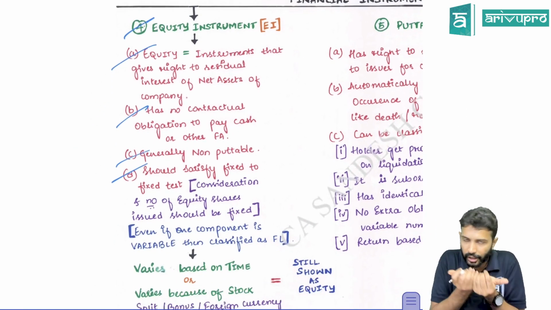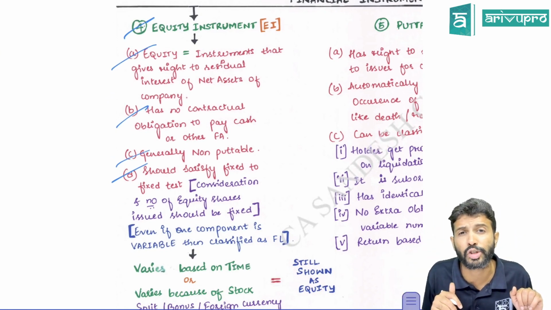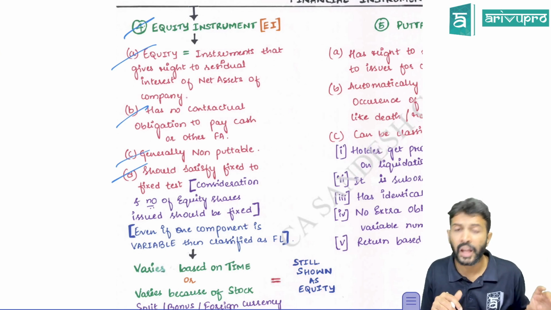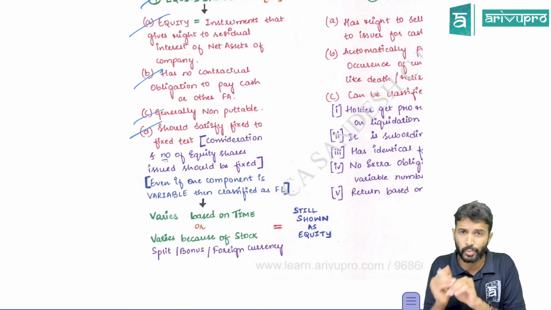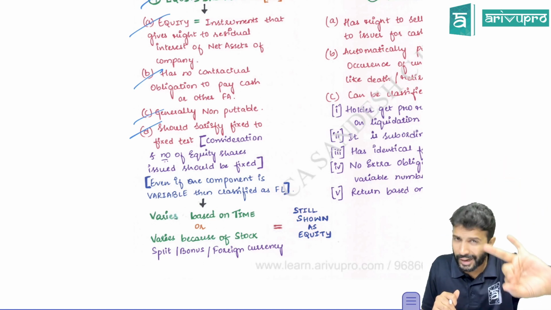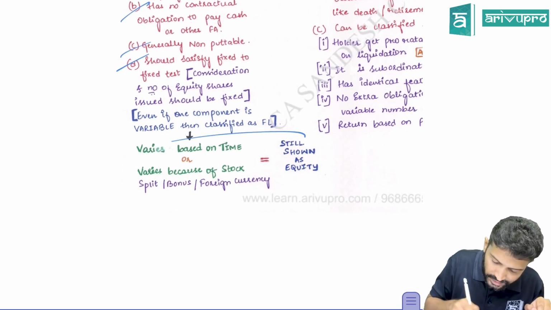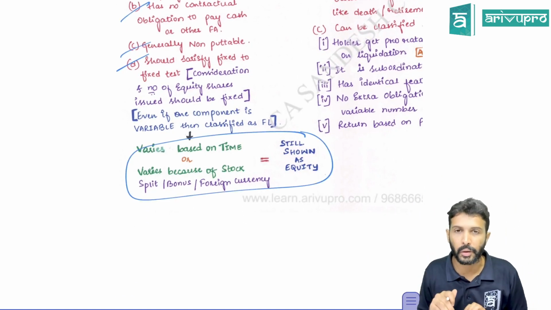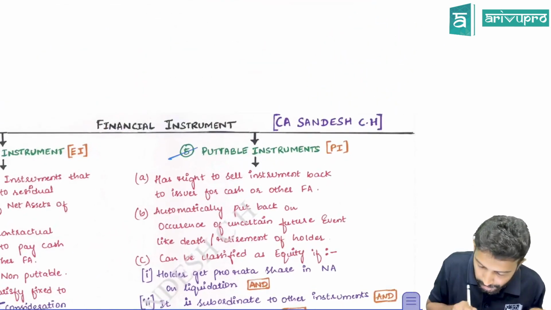Meaning, how much consideration you're receiving has to be fixed, and the number of equity shares you're giving also should be fixed. However, if the number of shares is varying due to passage of time, or due to stock split, or due to foreign currency, then still you will say the fixed to fixed test is passed, and the classification will be equity itself.